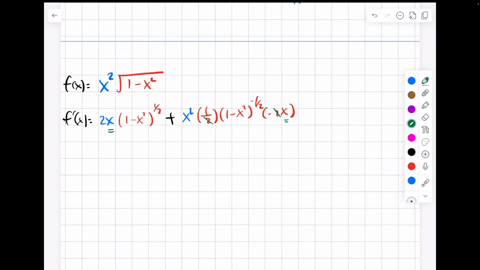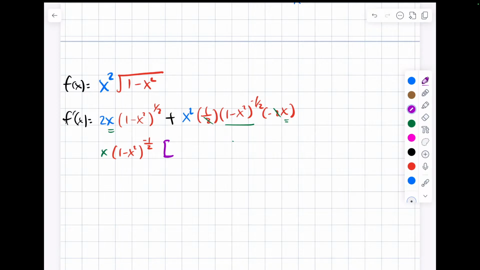And then for the green one, I'm going to factor out the most negative, which is negative 1/2. So I'm going to write down x in the front, which is the blue, which is the green. I factor out the x. And also factor out the red, which is 1 minus x squared to the negative 1/2. And then I have whatever left over.